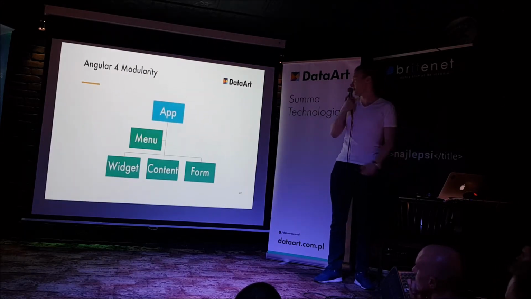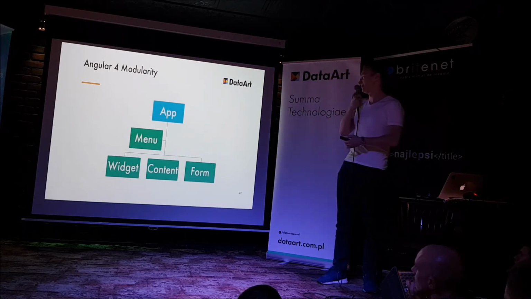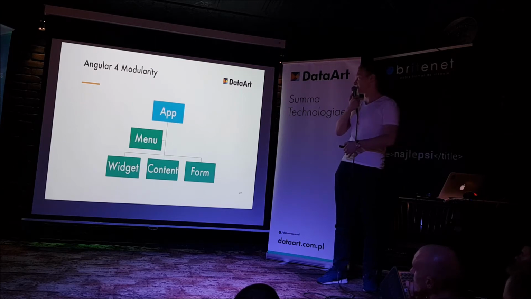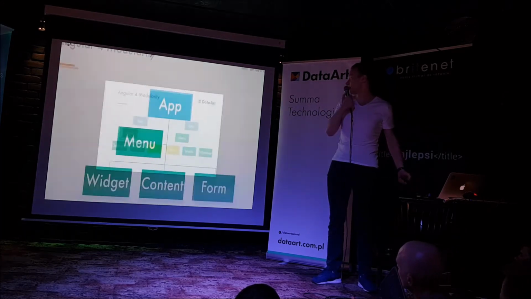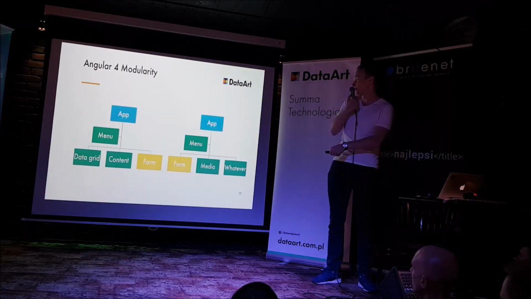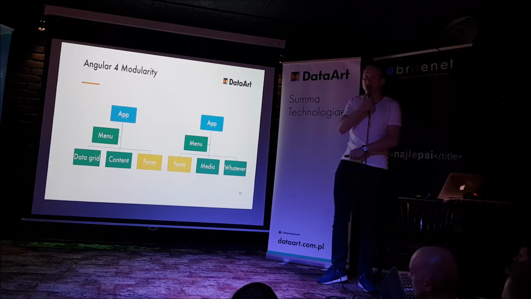So, a few more words about modularity. We have a simplified structure of any project. There is an application, some new widget, content form, and just imagine we have one component which is similar across applications. We have two apps and we have the same form, for example, a login form. We can write it once and reuse it.